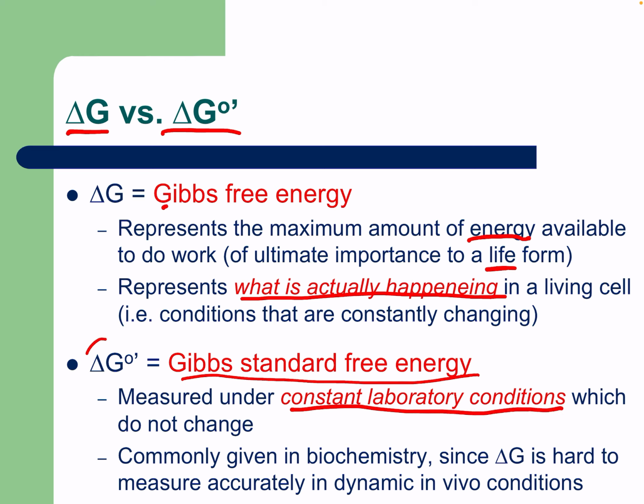Gibbs standard free energy is commonly given in biochemistry, since change in free energy is hard to measure accurately in dynamic in vivo conditions. So it's hard for us to definitively say what the true Gibbs free energy of a reaction is, compared to Gibbs standard free energy, which is what our laboratory measures, which might not be 100% representative of what's actually happening in the body, but they're quite similar.